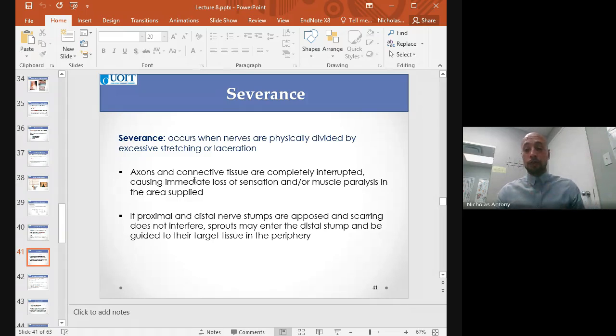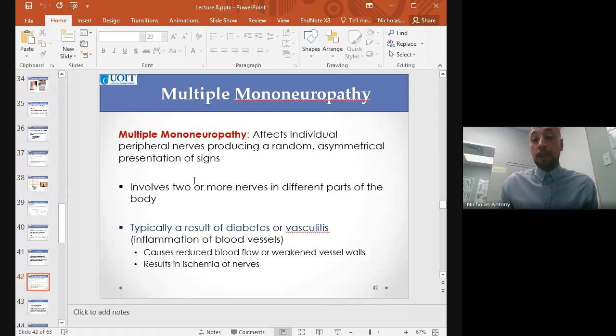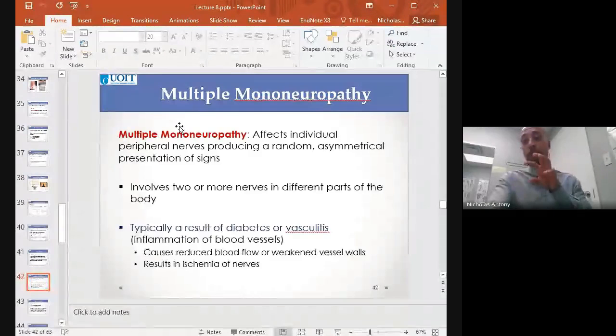The next classification is when we have multiple single peripheral nerves injured, multiple mononeuropathy. And that's typically as a loss of blood flow to a specific area in the body, like a particular limb. The first thing that's going to go is our neurons.